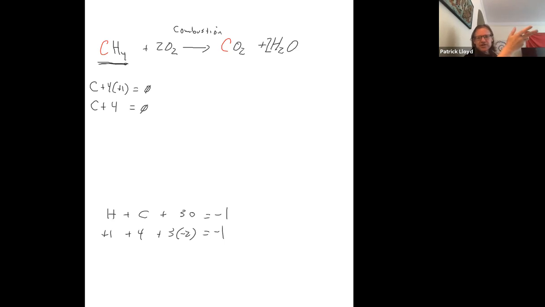So that means the carbon's got to be -4, right? -4 plus 4 is 0. But algebraically, what you would do is subtract 4 from both sides, and you get -4. So in this case, carbon is -4. That's very negative.